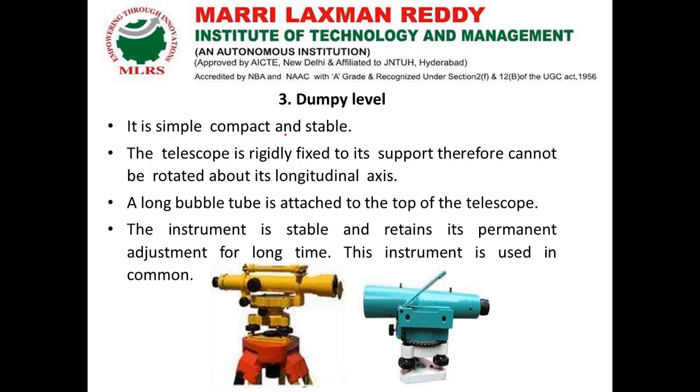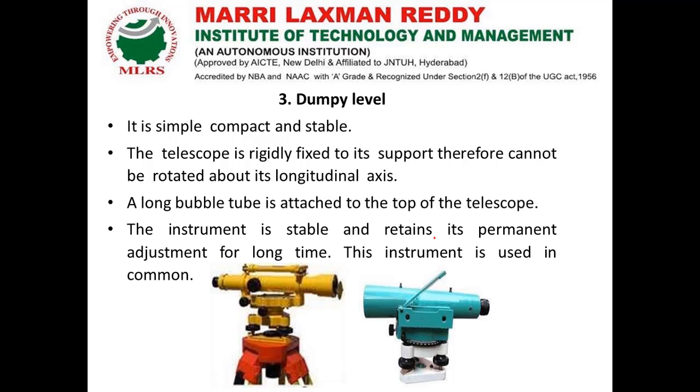Third one, our dumpy level. In common cases, and in our laboratory also, we have seen this instrument. This is called the dumpy level. It is a simple, compact and stable instrument.